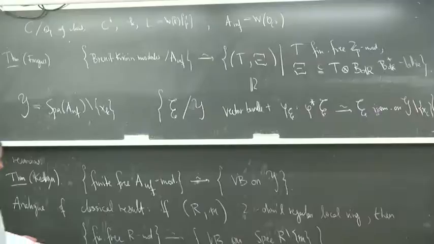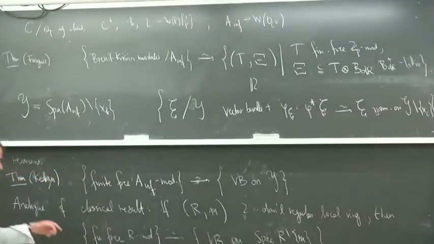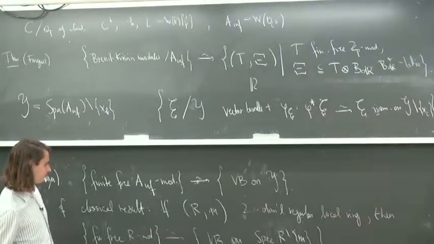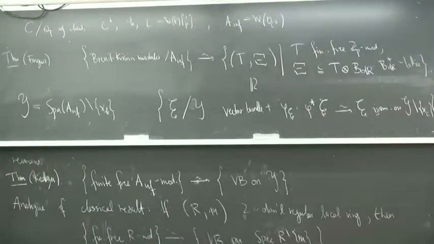There is an abstract way to prove this by saying that any such guy extends to some reflexive module here. A reflexive module has depth at least 2. Then you just use Auslander-Buchsbaum, which says that depth plus projective dimension is the dimension of this ring, and so you see that the projective dimension has to be 0, and hence it's projective and free because it's a local ring. But that's way overkill, really.